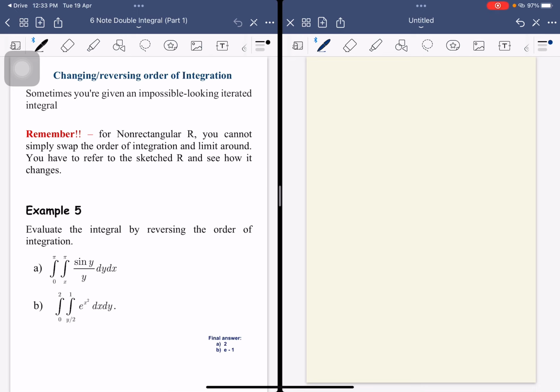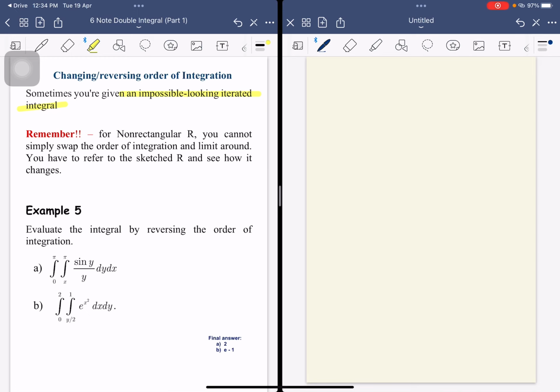When we have an impossible-looking iterated integral, even though we give you the limit and the function that you would like to solve, when you look at the given integral, it's impossible to integrate it using that given order of integration. In that case, we must reverse the order of integration in order to solve that question.